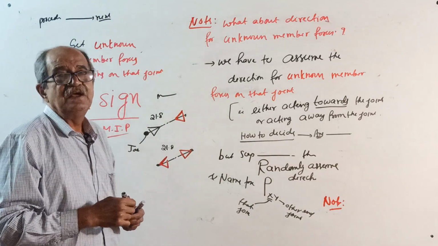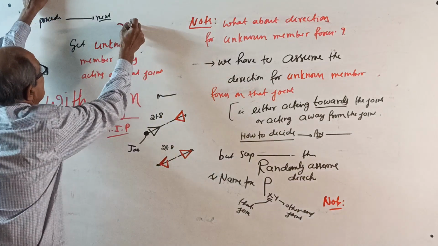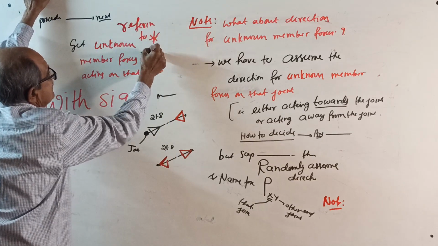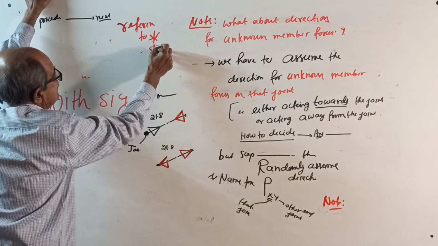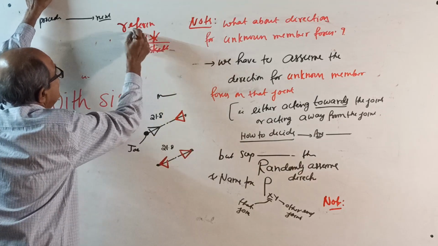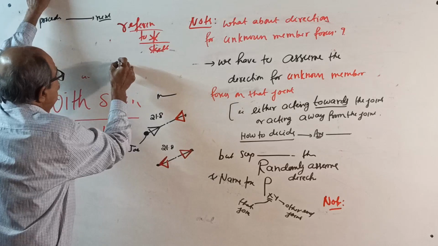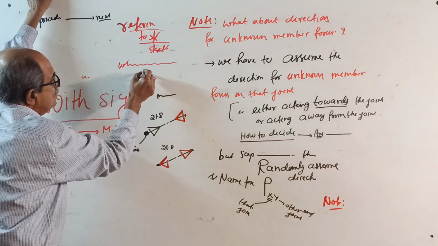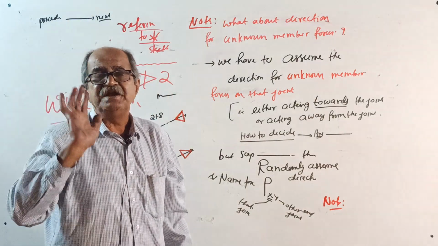Select a joint referring to the star sketch. Very, very important. Select a joint referring to the star sketch where the number of unknown member forces again is not more than 2. Sketch the joint.